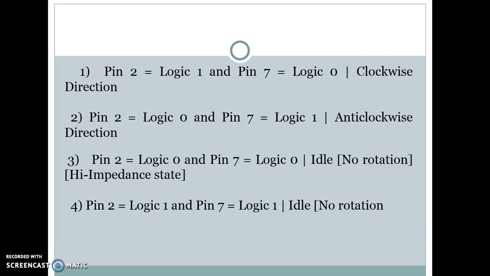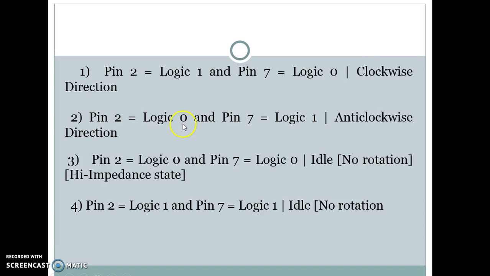Let us move towards the logic table. Let's consider the motor connected on the left-hand side output pins, pin 3 and pin 6. For rotating the motor in clockwise or anti-clockwise direction, the input pins have to be provided with logic 1 and logic 0. If pin 2 equals logic 1 and pin 7 equals logic 0, then the motor rotates in clockwise direction.